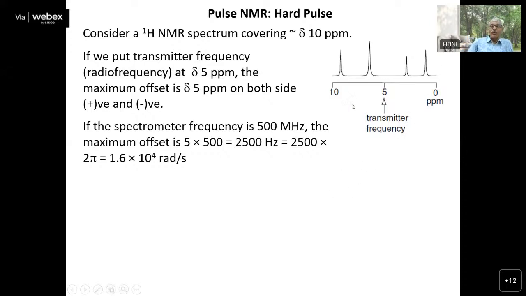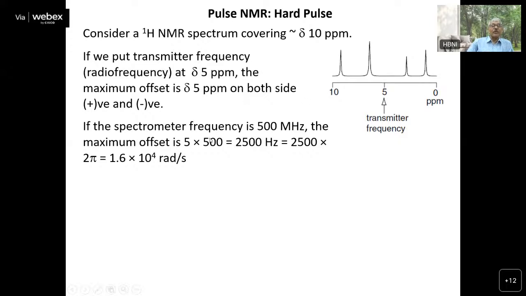Now, the transmitter frequency is nothing but your radio frequency, and you put it at the frequency which corresponds to 5 ppm on this scale. Now your peaks are 5 ppm on this side and 5 ppm on that side, so you have only an offset of 5 ppm.